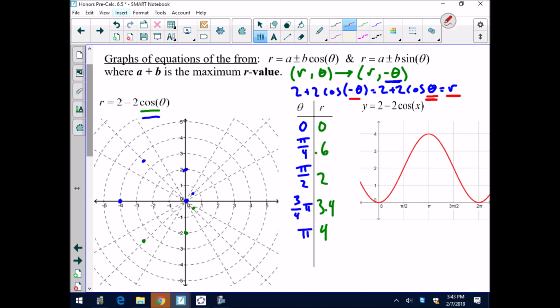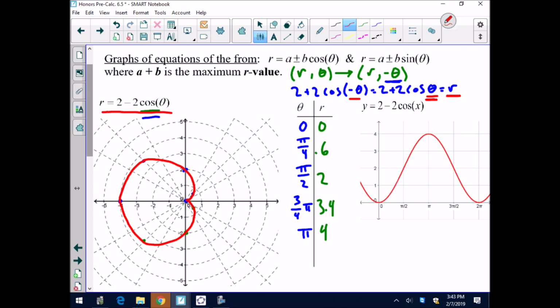So right here we've got our first ordered pair 0, 0, and as we rotate around, we hit that 0.6, and then we have the r value of 2 for rotation of pi over 2, and then we go all the way out to an r value of 3.4 for rotation of 3/4 pi, and we're out all the way to 4 for rotation of pi, and then right here I'm going to go ahead and continue to rotate around, hitting all of those points that I reflected across. And there's my limaçon.